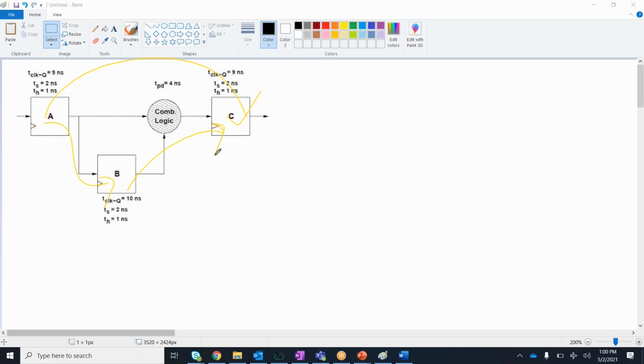Okay, let's name it. This is the first one, this is the second one, this is the third one. For the first path, T should be greater than or equal to what? This clock to Q delay will be the arrival time. So 9 plus the setup time for the capture flop, that is 2.